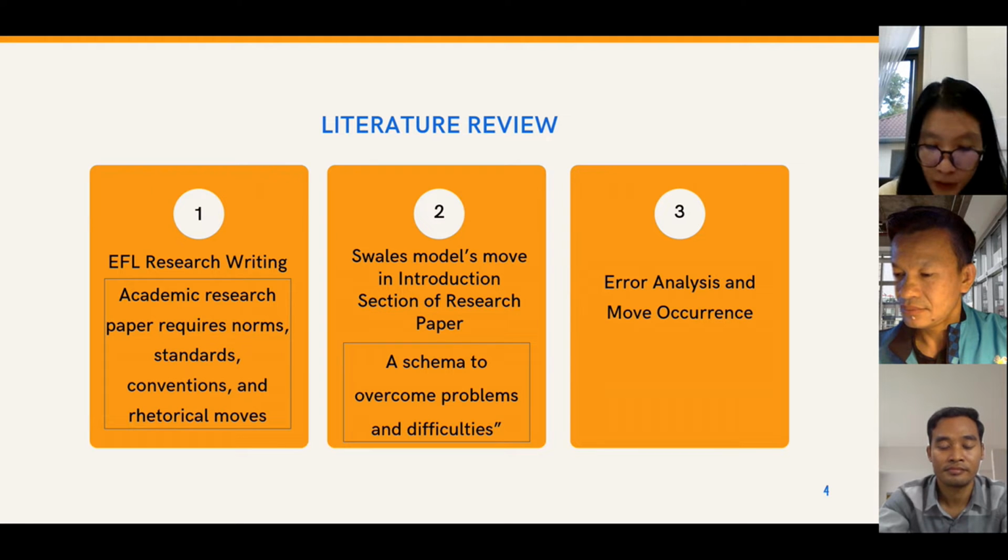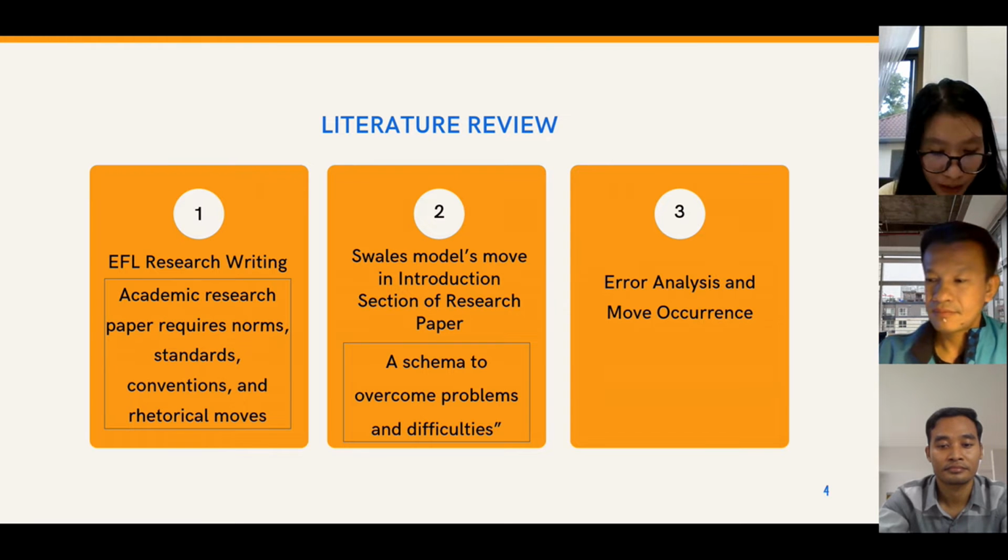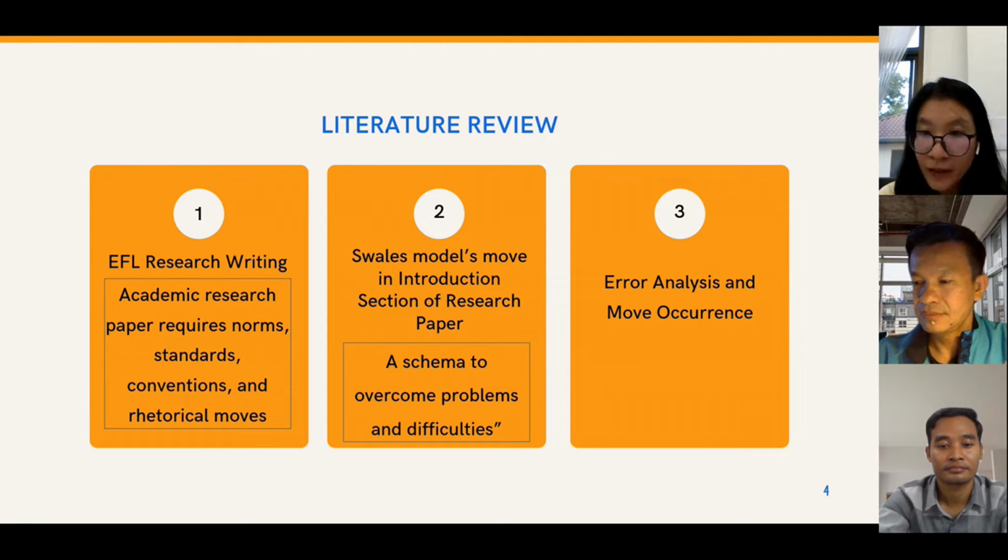So Corder, after that, proposed and developed a framework for error analysis, and we, the researchers of this paper, think that we can take the move occurrence developed by Swales into account simultaneously.